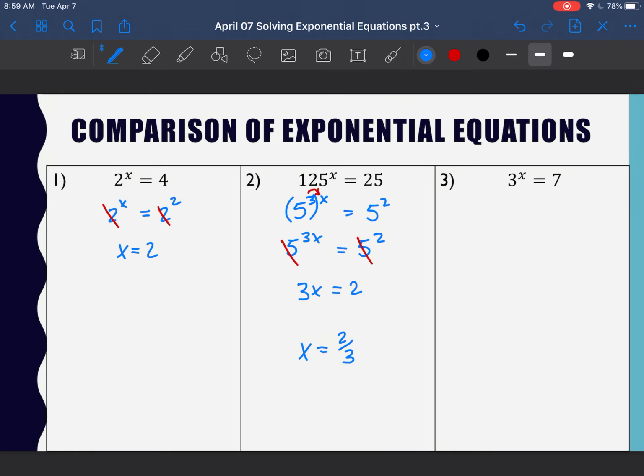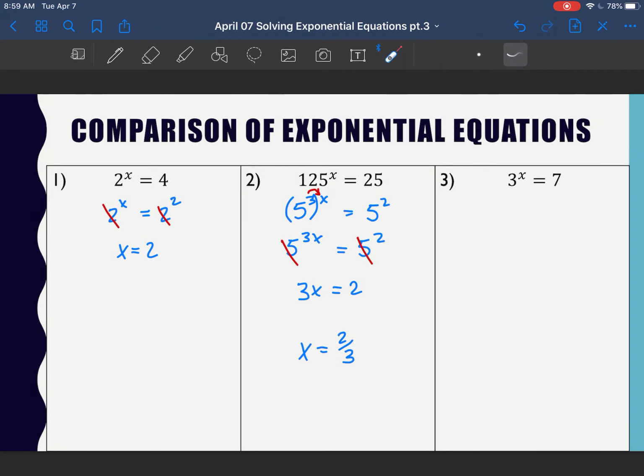So those are the first two cases that I've shown you so far. Today's lesson is going to cover the third case, because the first two, when I was writing the problems, I chose numbers that worked really well. They were able to be changed to match.